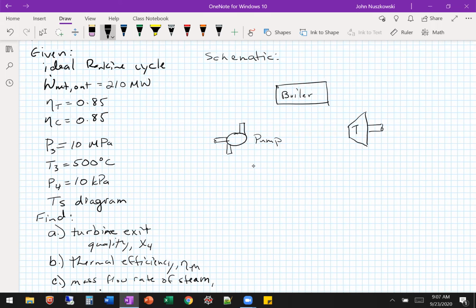And then out of that, we have our condenser. And then we go all the way back into the pump from there.